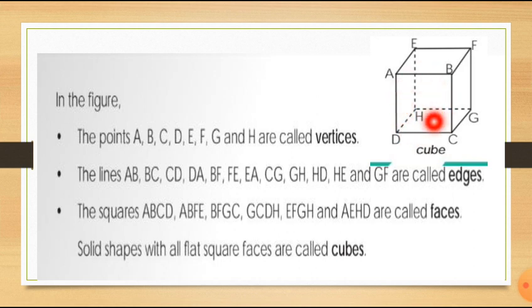So, this is a face and here it is a face, then above here is a face and below there is a face and on the back side also there is a face and this left side also there is a face. Okay, so these all are the faces. And all the faces are in square shapes.